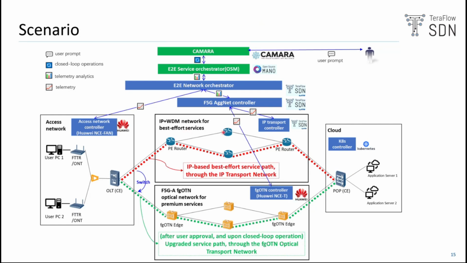But if at some point there is congestion, the connectivity is not good enough, whatever, it can switch to the premium services that use the deterministic optical transport network. For sure, it's more expensive, but well, that way the service is kept. If the user accepts to pay for these premium services, it can get better performance.